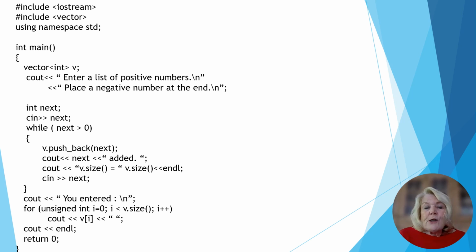And it can't be larger than the size of the vector. So remember, the last element in the array is size minus 1. So that's why as long as i is less than the size of the array, you're fine.